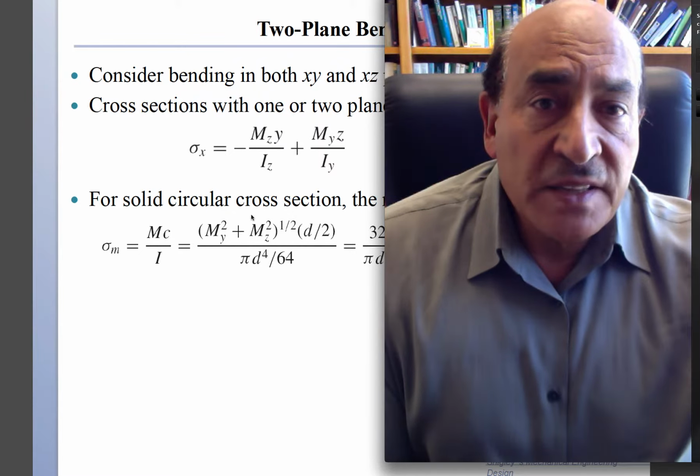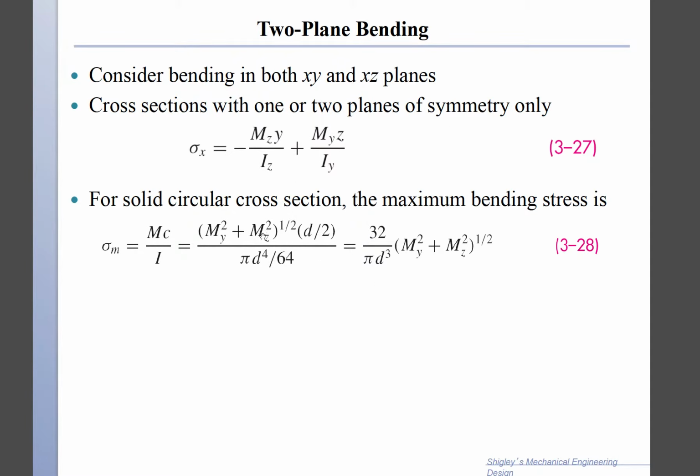The formula that we use is just an extension: sigma x equals minus Mz y over Iz plus My z over Iy. In case we have a circle cross section with two moments, the moments are vectors, so we can use a vector sum to find the magnitude of the total vector, which is the square root of My squared plus Mz squared.